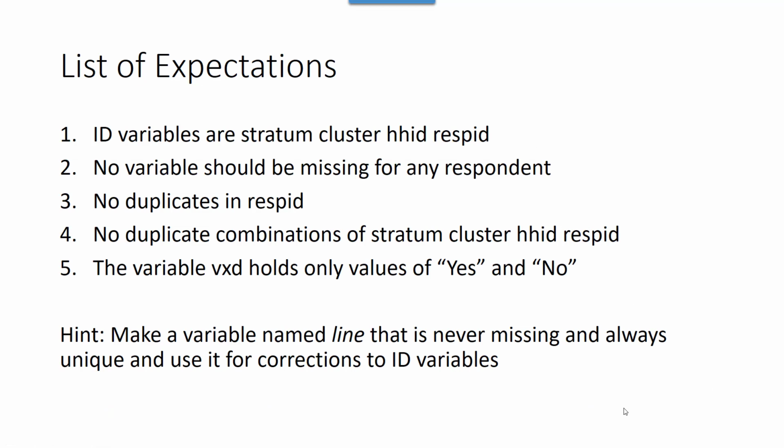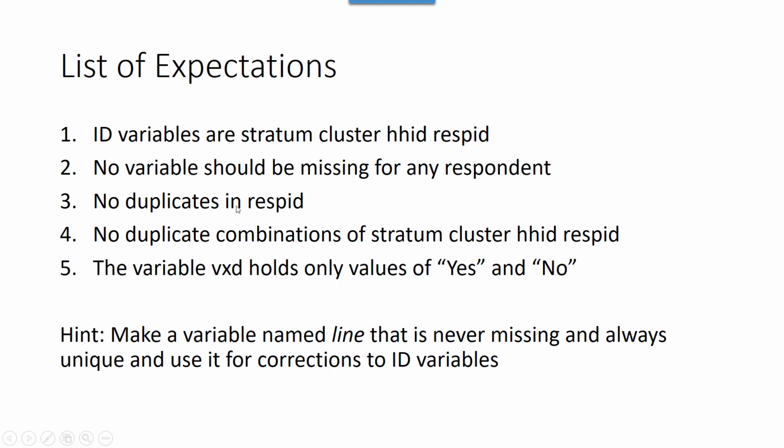In our workflow for data cleaning, the first thing we do is write down our list of expectations for the variables. And so these would be my expectations for a simple data set like this. First, the ID variables are stratum, cluster, household ID, and respondent ID. And I would expect that no variable should be missing. In fact, not just the ID variables, but none of the variables should be missing for any of these respondents. That respondent ID would not be duplicated.